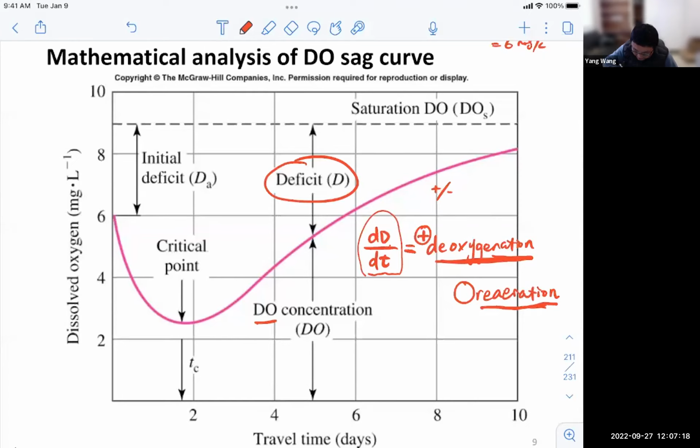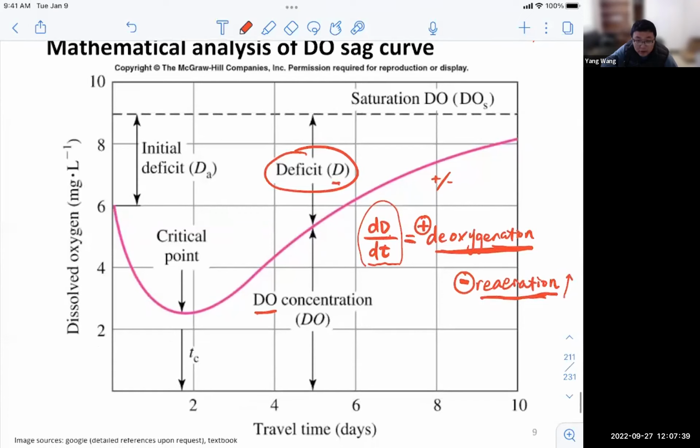You're going to have a lower deficit, right? The faster the reaeration, it means that more oxygen is getting pumped into the river, then you're going to have a smaller deficit. So that's why the term in front of the reaeration should be negative.